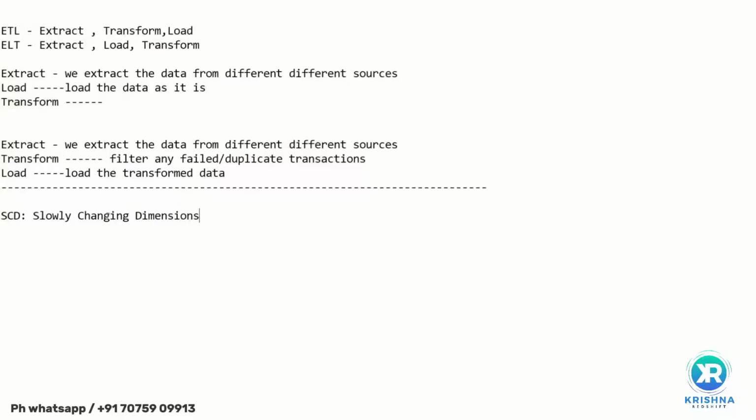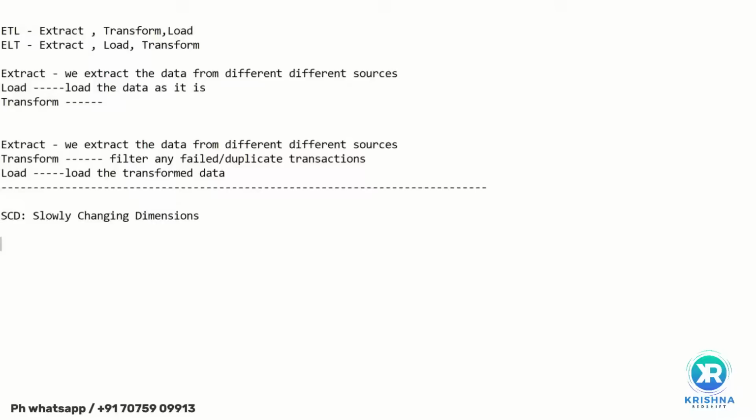The dimension data describes the product name, product description, product color, product dimensions, the area or location of manufacturing, or the shipper name, all those things that describe the item or describe the fact. So SCD means slowly changing dimensions.